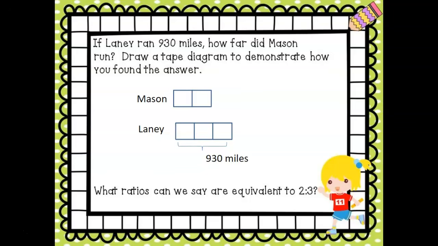Well, there's 3 boxes there, so how many miles go into each box? Yep, 310 go in each box, so that also means 310 go in these boxes. So how far did Mason run? Mason ran 620 miles.